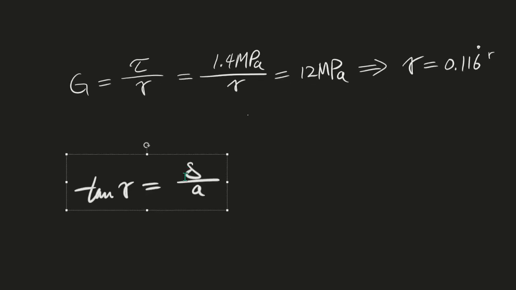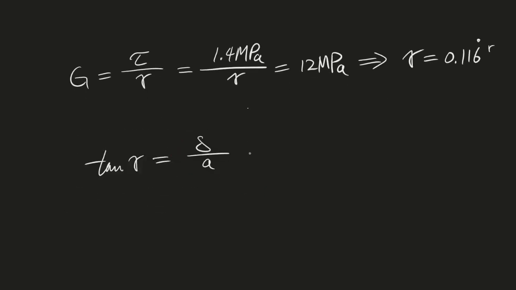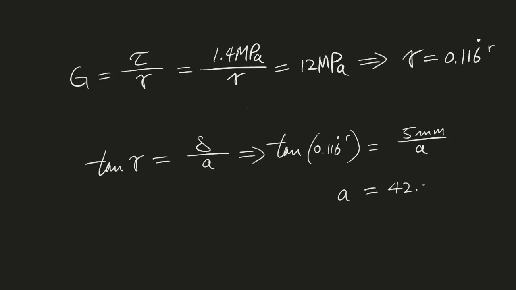That is equivalent to saying tangent of 0.116 repeated in radians is equal to 5 millimeters over A. Solve for A, and you will get approximately 42.66 millimeters.